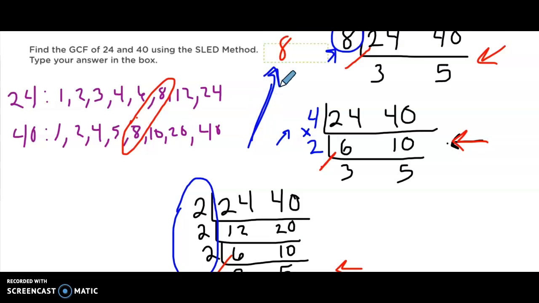How do I get 8 from 2, 2, and 2? I can't add, that gives me 6. What if I multiply? 2 times 2 is 4, and 4 times 2 is 8. You get the GCF again. It doesn't matter how you do it or what numbers you pull out. As long as they are factors, you will get the GCF of 8.